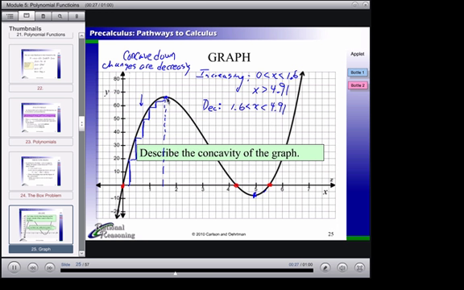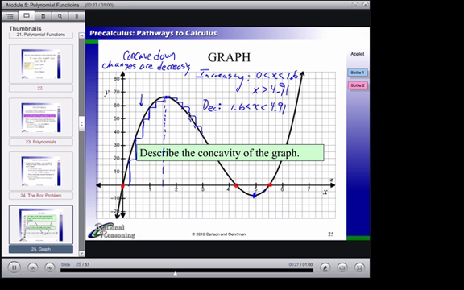What about after 1.6? Still concave down. Because the changes are doing what? Are the changes increasing or decreasing? This is what I tried to warn you about. The changes are negative because the y values are decreasing.